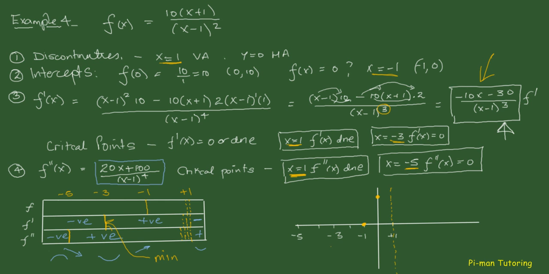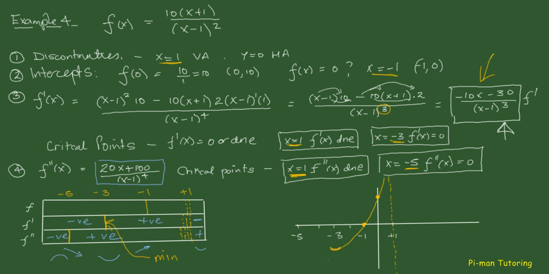So we have a minimum occurring down here. Nothing happening in between those two, so we know that our function is going this way towards the asymptote.